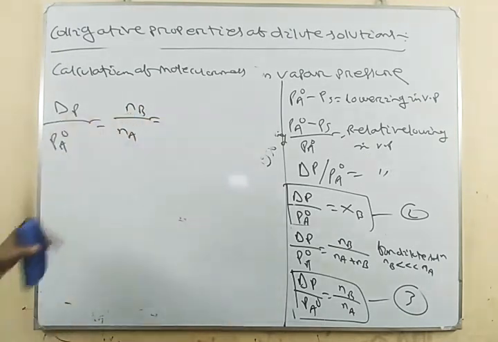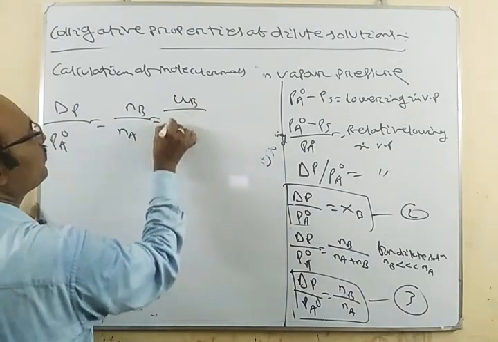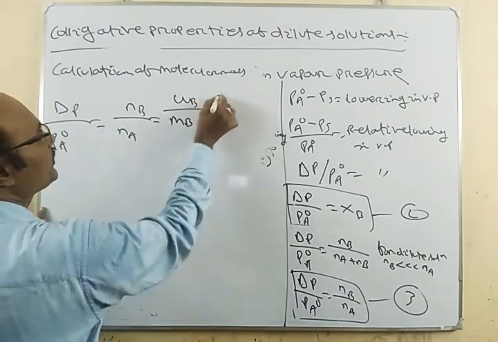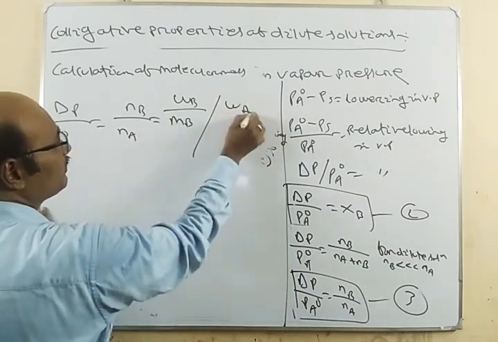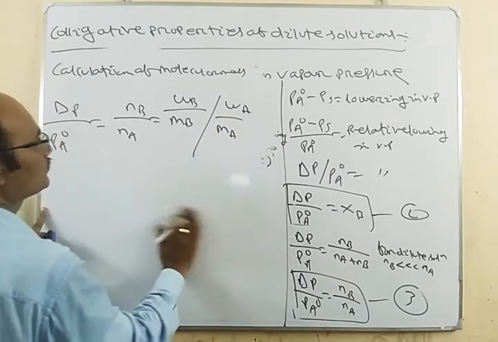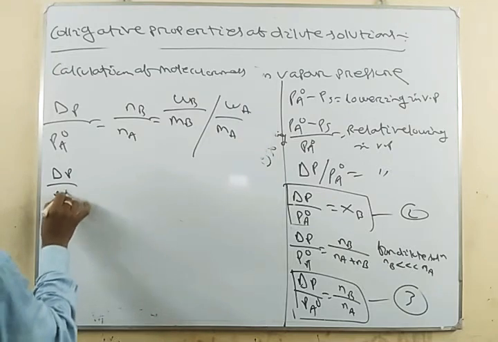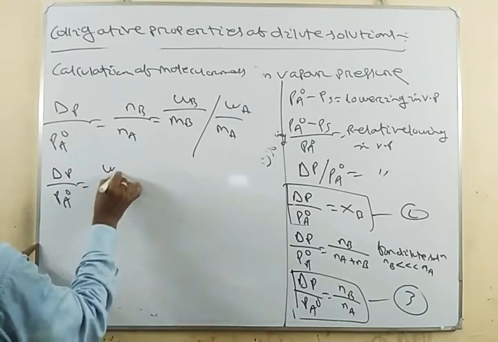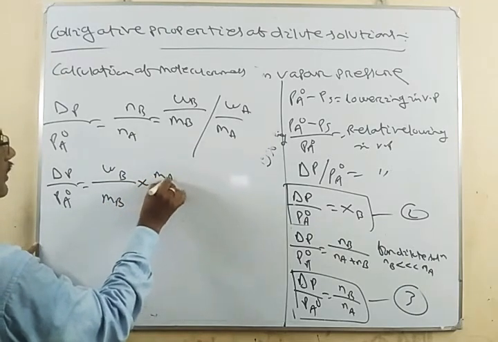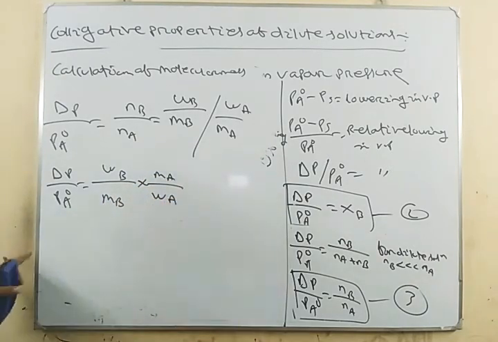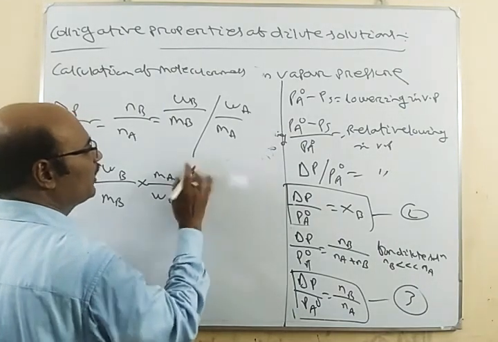NB, the number of moles of B, equals mass of B by molecular mass of B, divided by the number of moles of A, which equals mass of A by molecular mass of A. So we can write delta P by PA naught is equal to WB by MB into MA by WA.